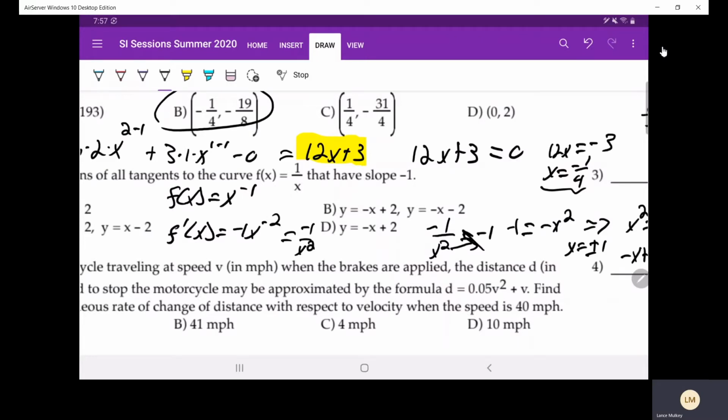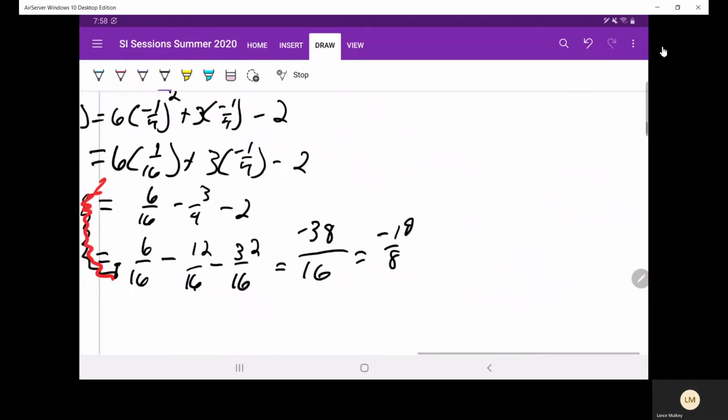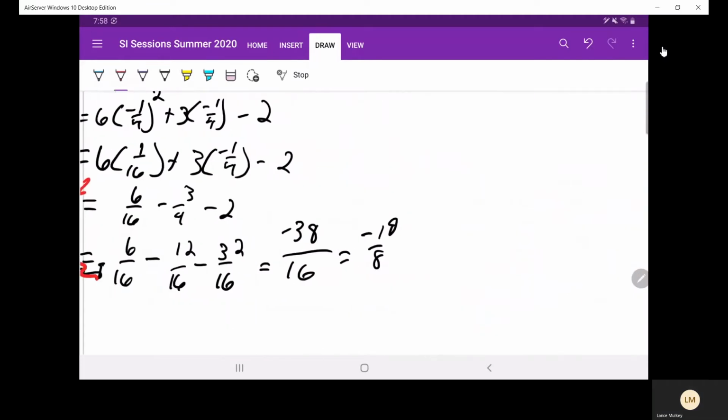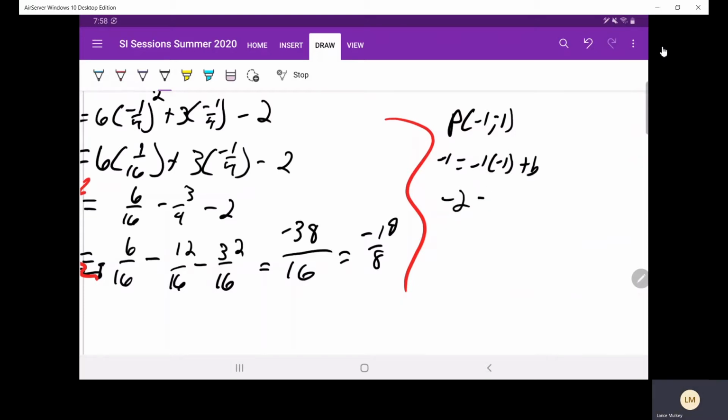So at -1, if you have a point P, -1 also equals -1. So you have -1 equals -1 times -1 plus b. So -2 equals b.